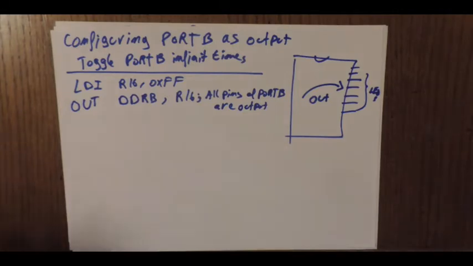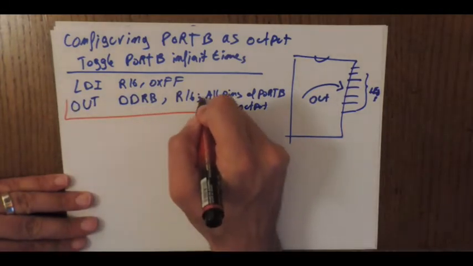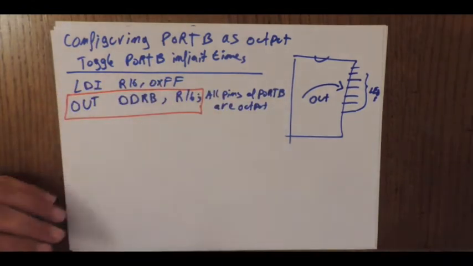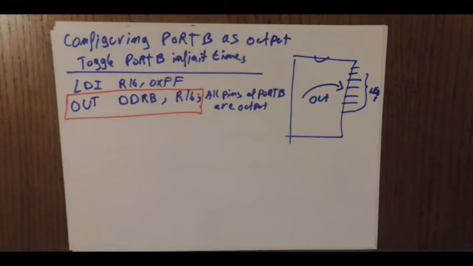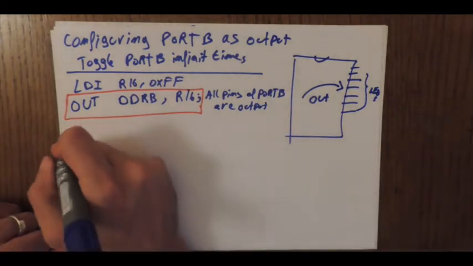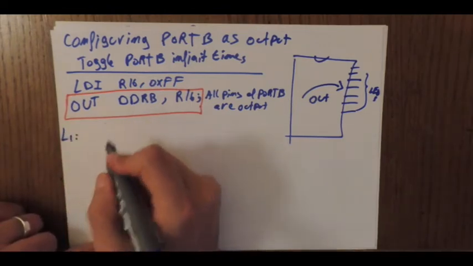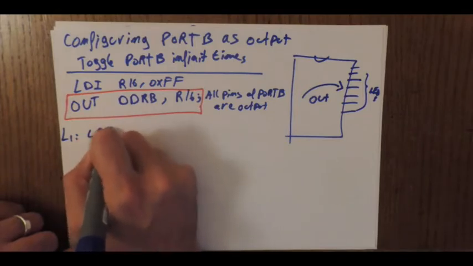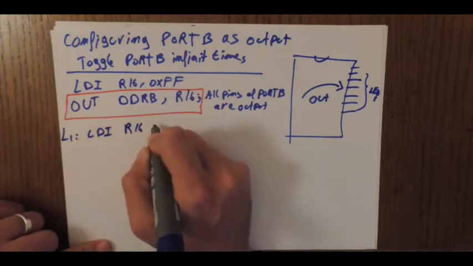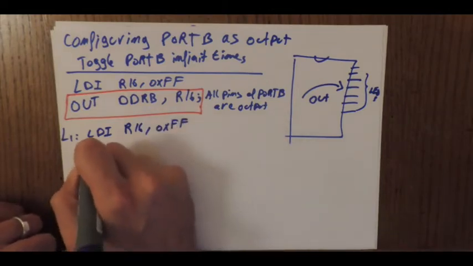So if I want to place a red box over it, because this is the main point, this is what we added here. So this configured the port as output. Now I'm gonna do my loop, and I'm gonna again place FF over R16.